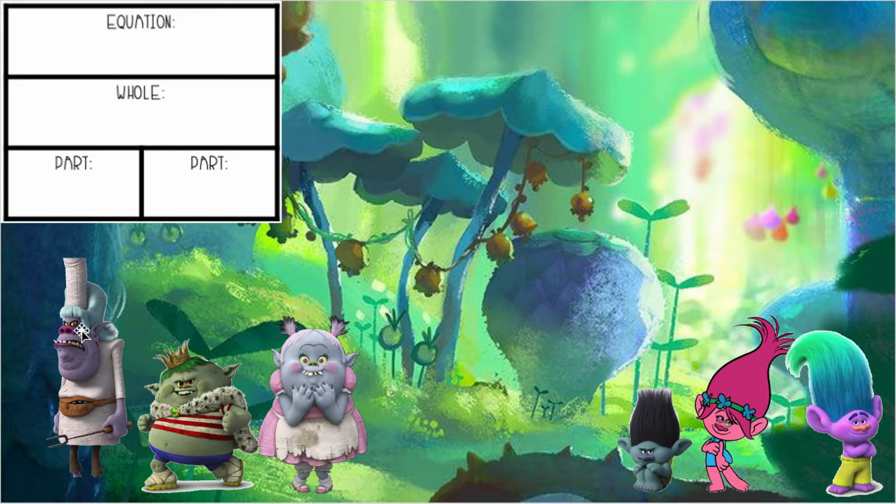First, in order to find out how many things I have in my whole trolls village, I have to count the parts. I have 1, 2, 3 parts trolls, and I have 1, 2, 3 parts Bergens. So my whole trolls village is made out of 3 parts trolls and 3 parts Bergens.